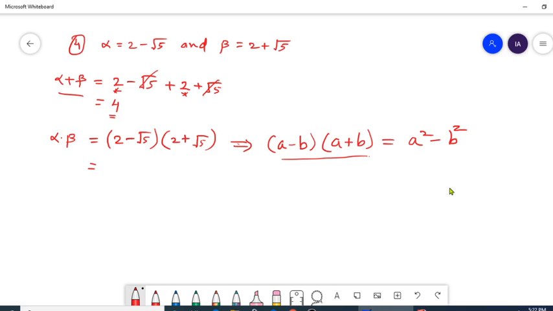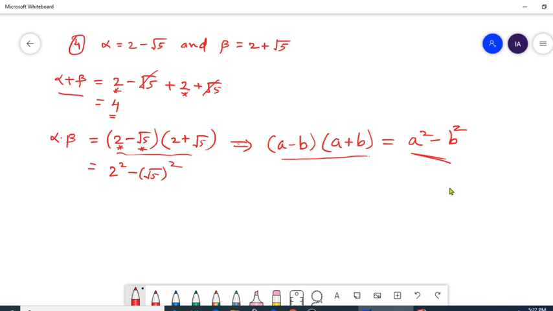So by using this expansion, this whole part can be written as a square minus b square. In our case, a is 2, b is root 5. So here I'll take a square, that is 2 square, minus b square, that is root 5 square.